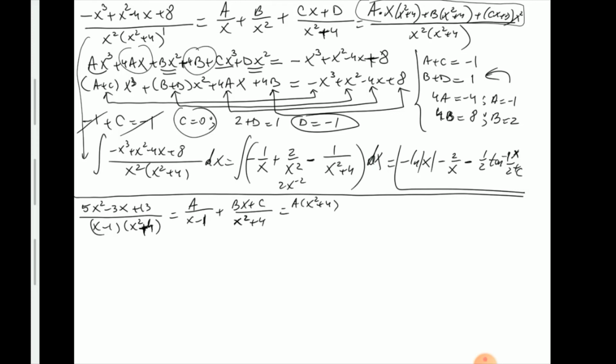A times x squared plus 4 plus x minus 1 times bx plus c. And now match the numerator. Let's expand. Ax squared plus 4a, bx squared plus cx minus bx minus c.